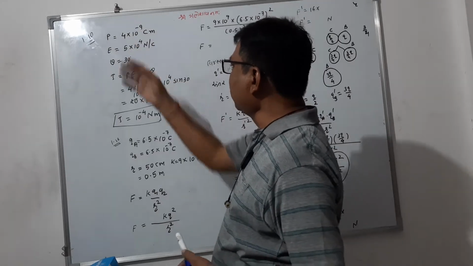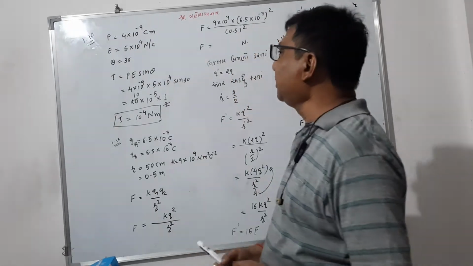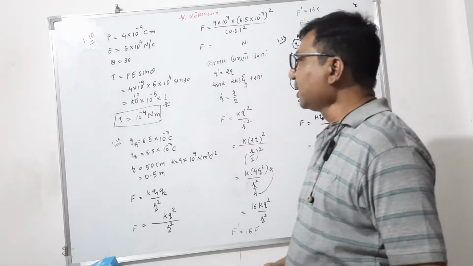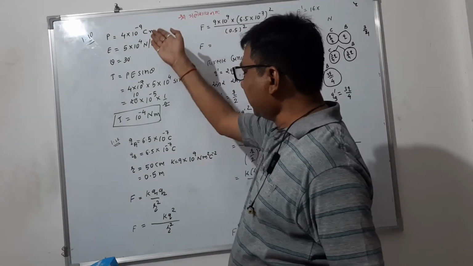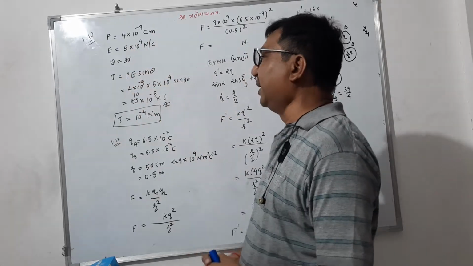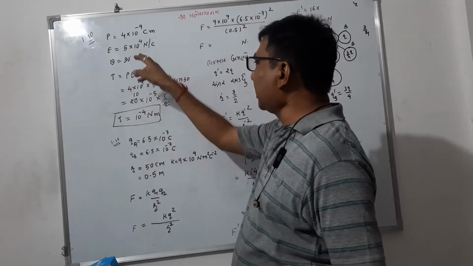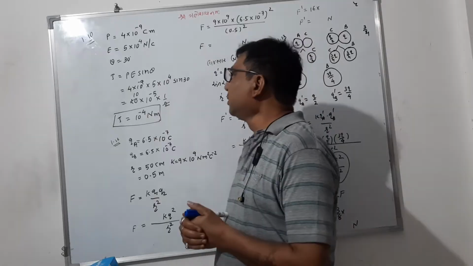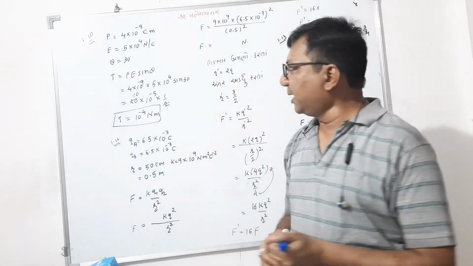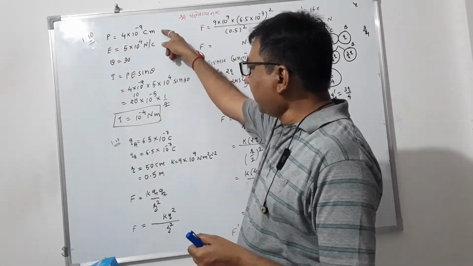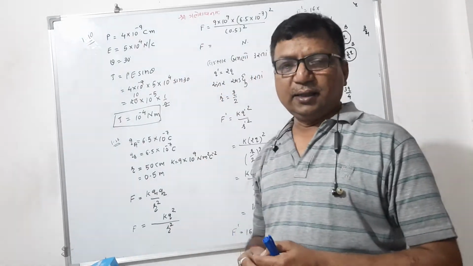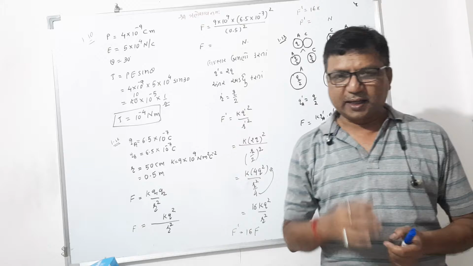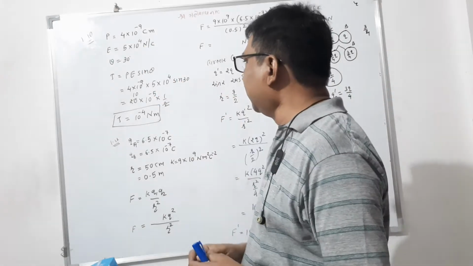which is 4 into 10 raised to minus 9 coulomb meter, and this dipole is in an electric field of 5 into 10 raised to 4 Newton per coulomb, and the dipole moment is at 30 degrees with respect to the electric field.